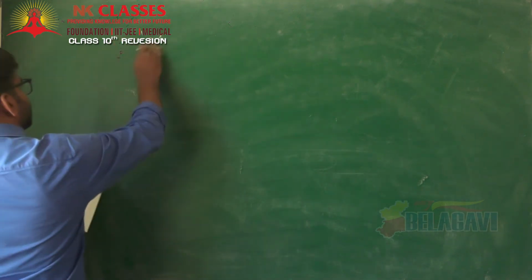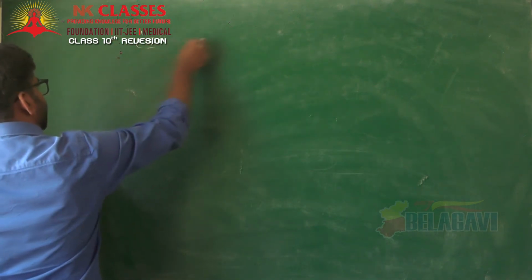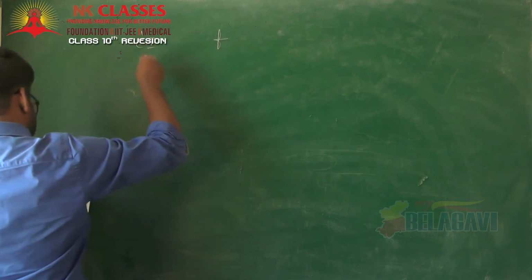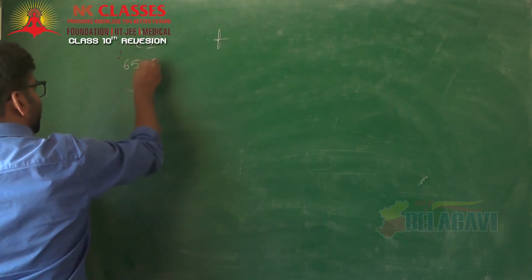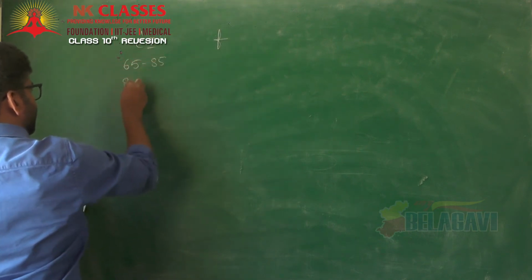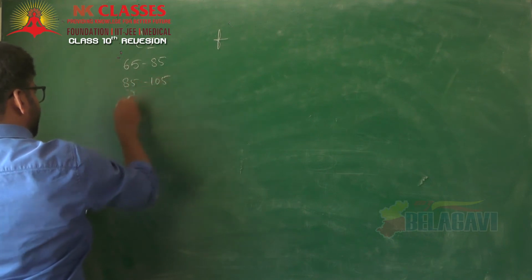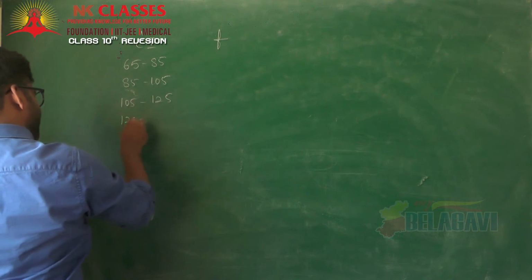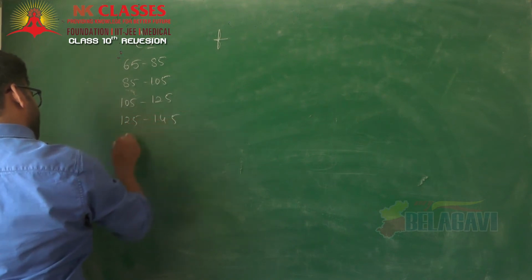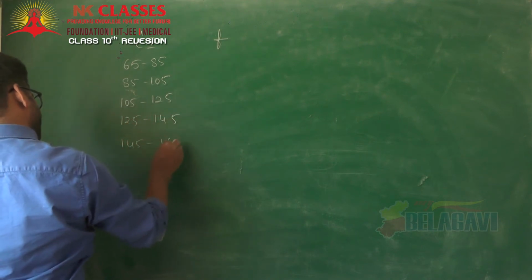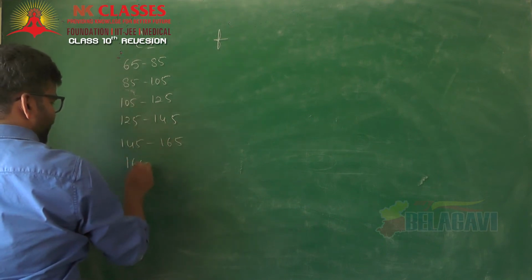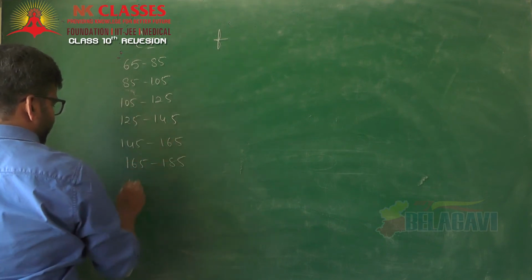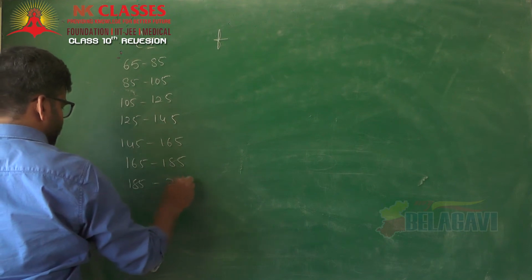So class interval and frequency. Class intervals are 65 to 85, 85 to 105, 105 to 125, 125 to 145, 145 to 165, 165 to 185, 185 to 205.